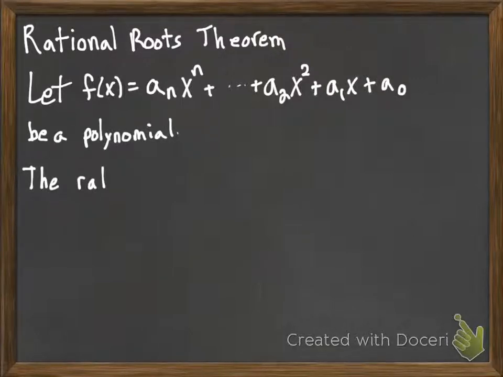So we first say let f be a polynomial, in descending order, a sub n x to the n, where n is some positive integer, all the way down to its lowest term, the constant term, a0.